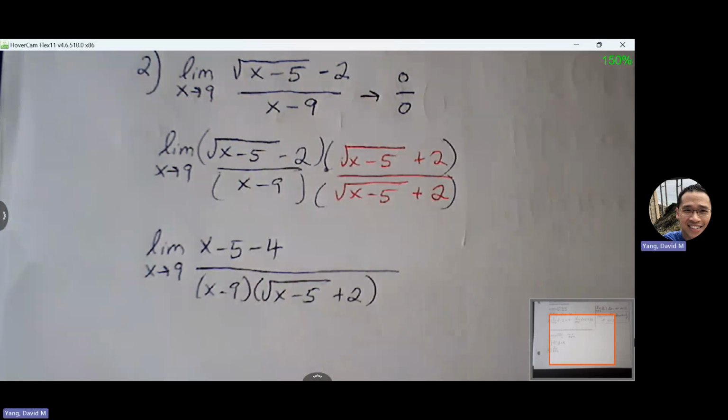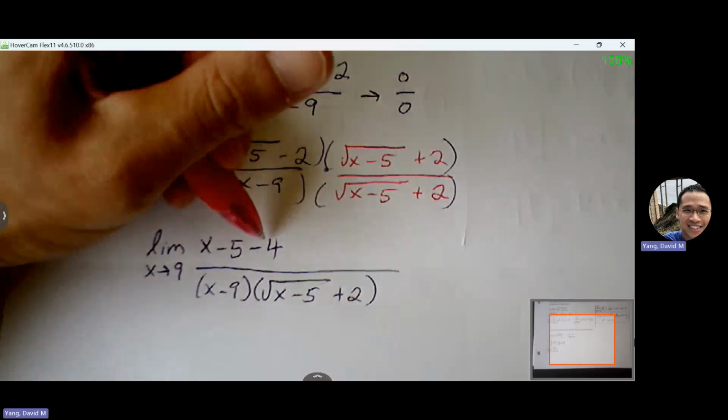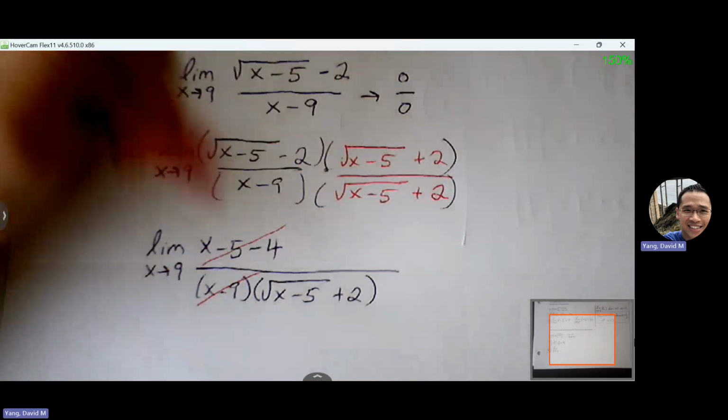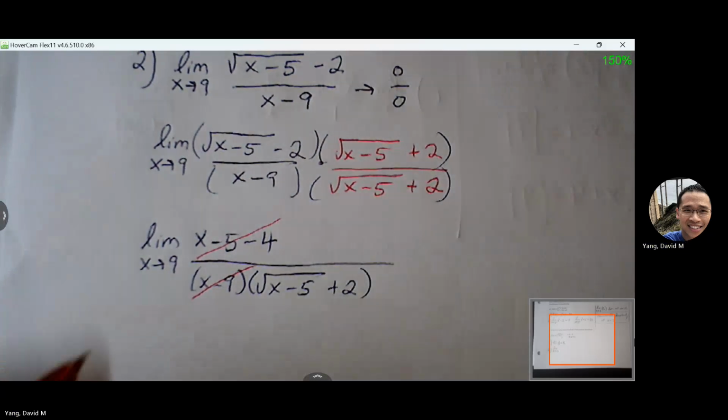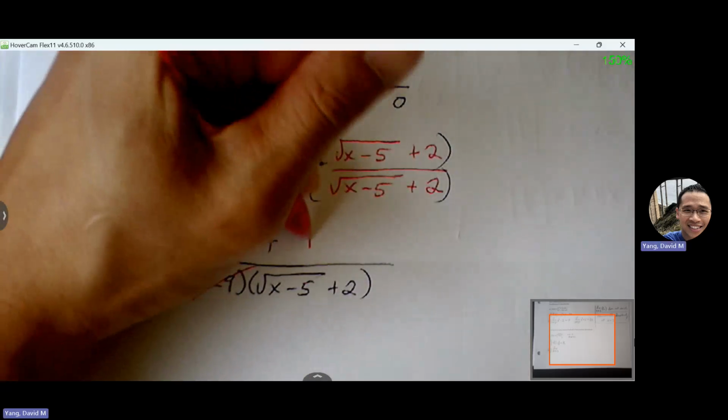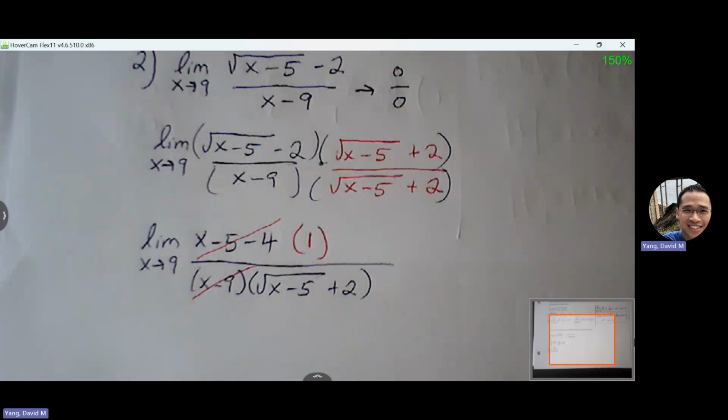This ends up being x minus 9, which is going to be a perfect fit, perfect match. Numerator goes away, but there's still a 1 left over up top.